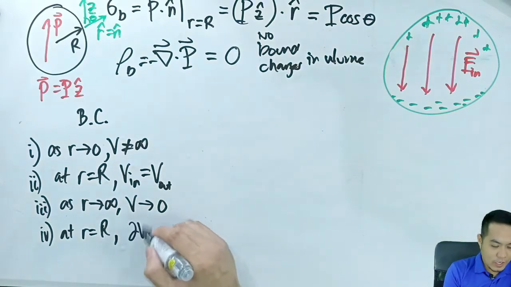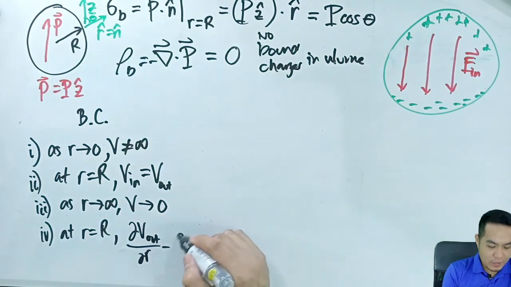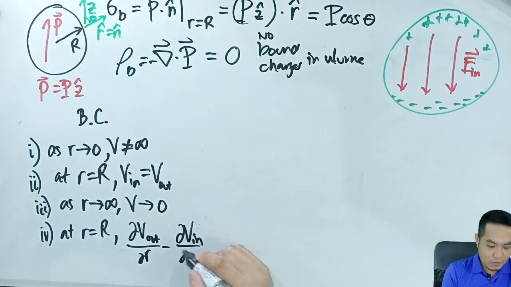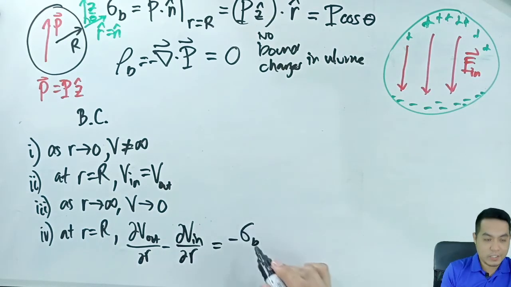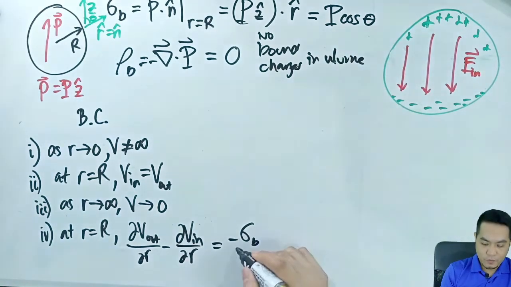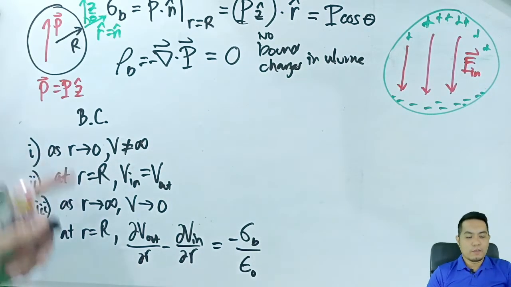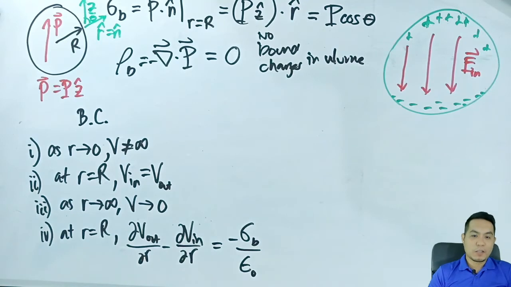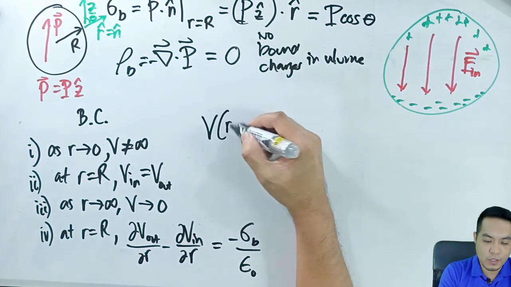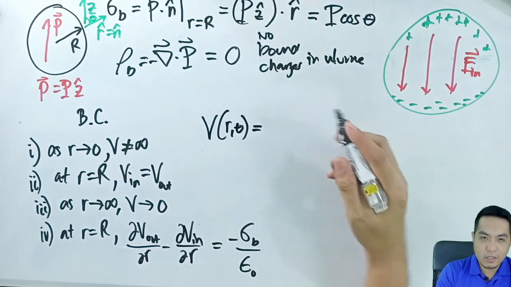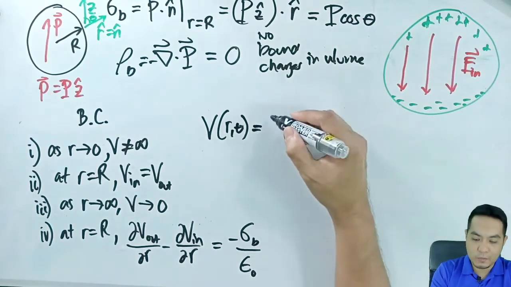The derivative of the potential outside with respect to r minus the derivative of the potential inside with respect to r must be equal to the negative surface charge density, which is this one, over epsilon naught. So these are the four boundary conditions that we need. Your solution should start with a general solution for spherical coordinates using separation of variables.